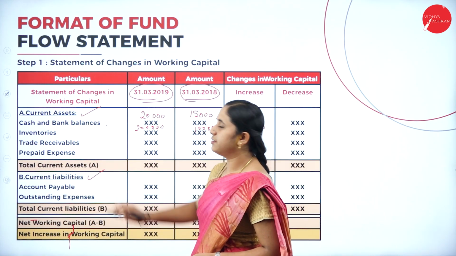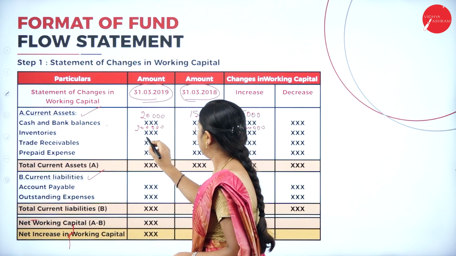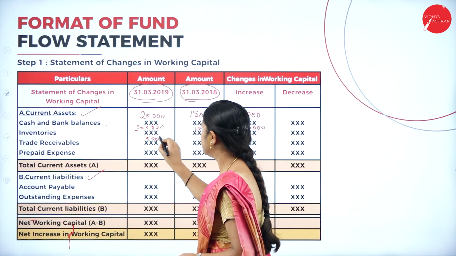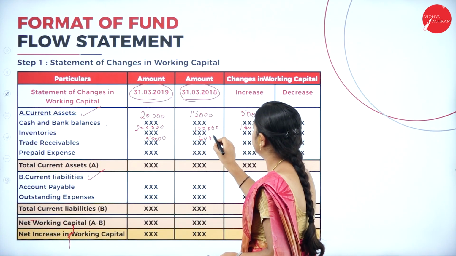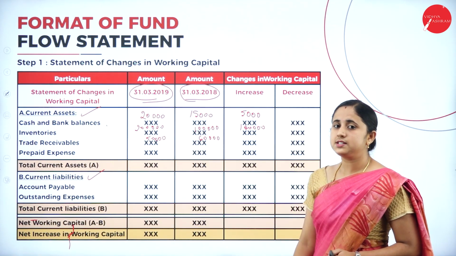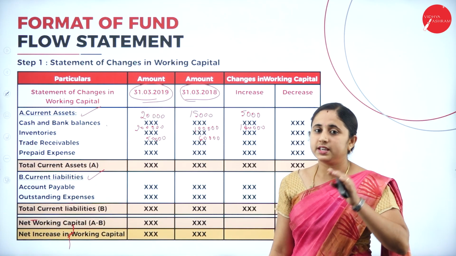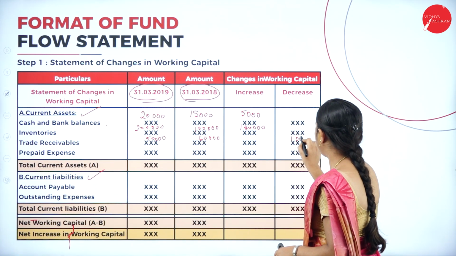Then trade receivable. Trade receivable in this year 50,000 and 2018 60,000. So it is 50,000 minus 60,000 means 10,000. 10,000 is decreased. Write in the decrease column 10,000.